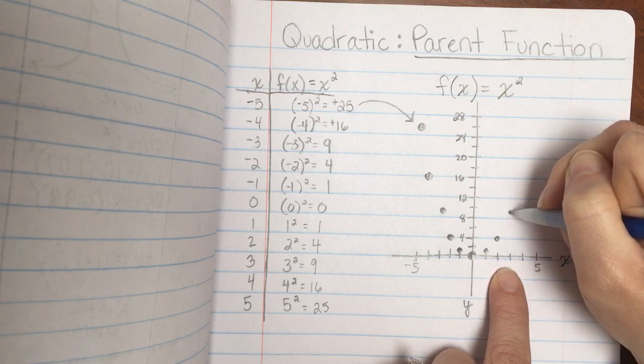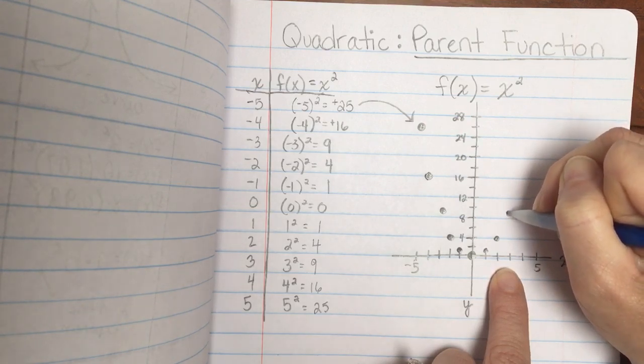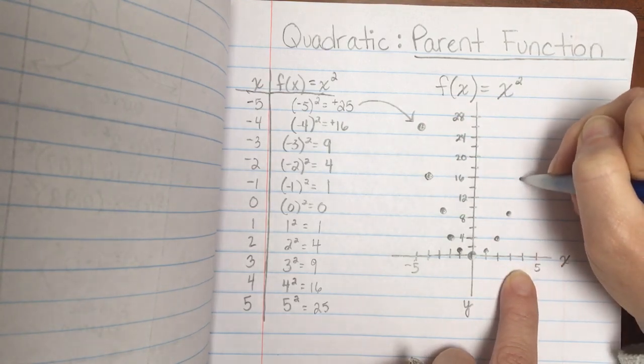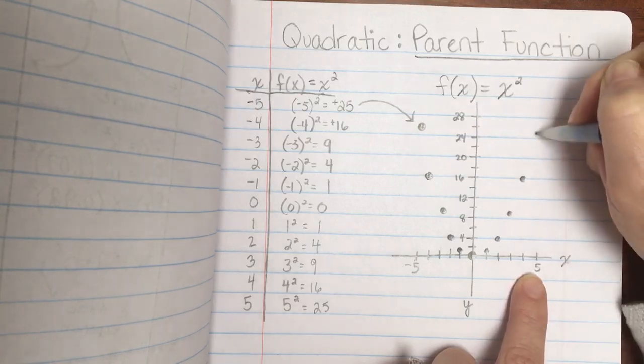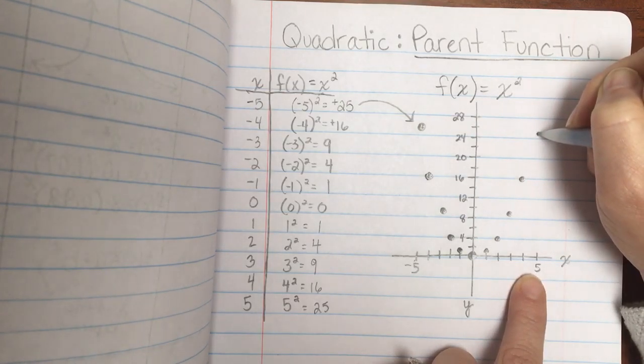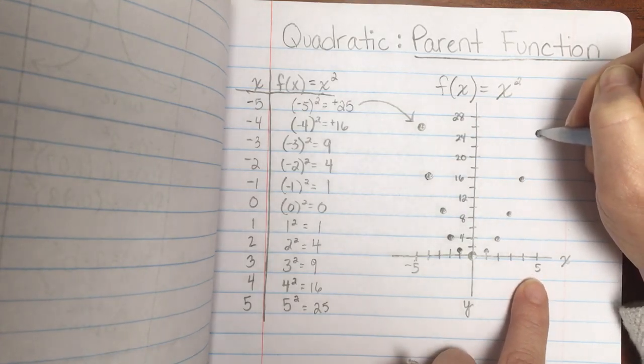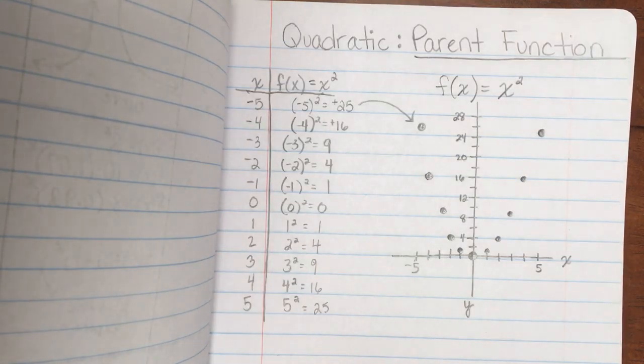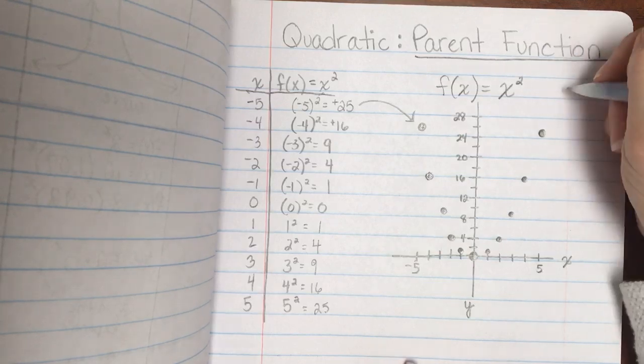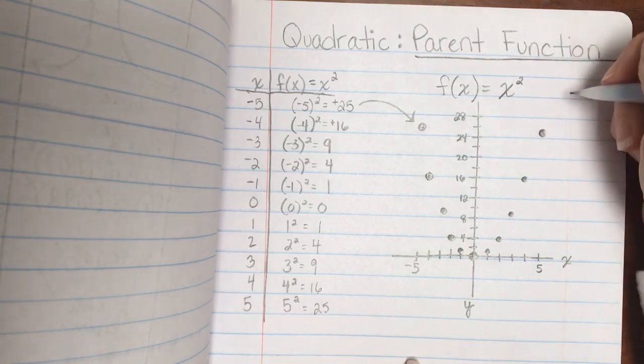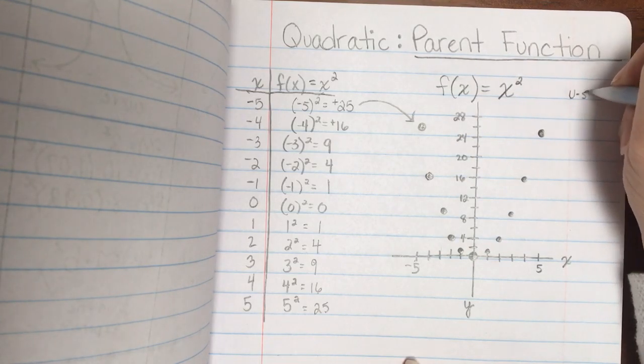3, 9, 4, 16, 5, 25. Looks good. Okay. Now, if you remember from the previous notes what a parabola or what a quadratic should look like, it should have more of a U-shaped curve.